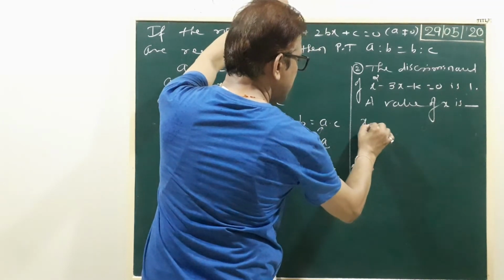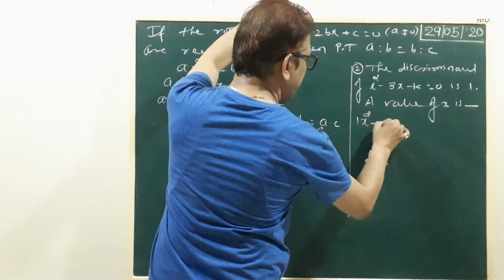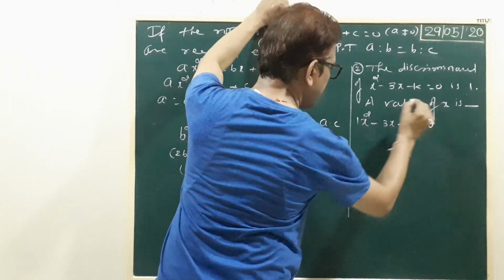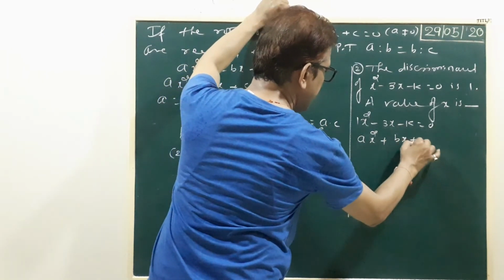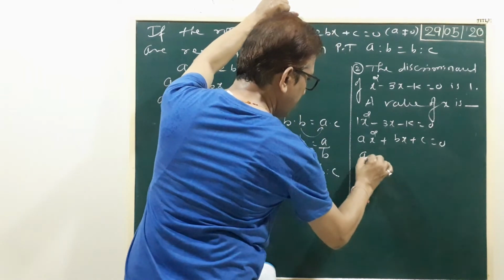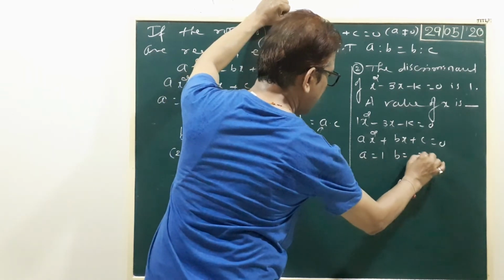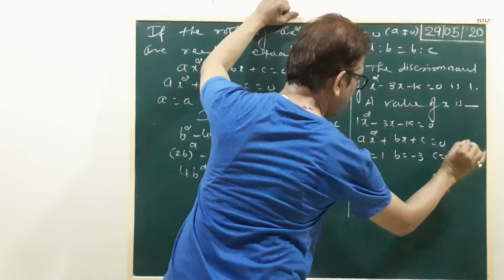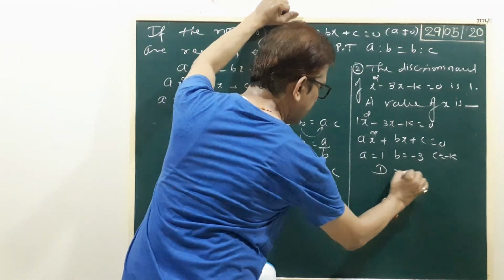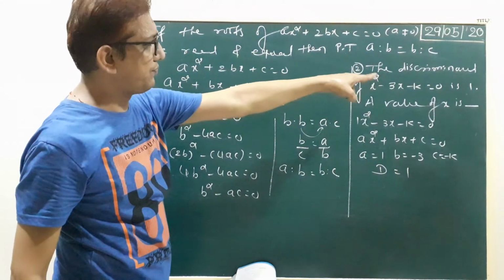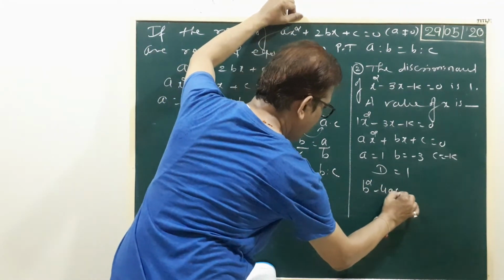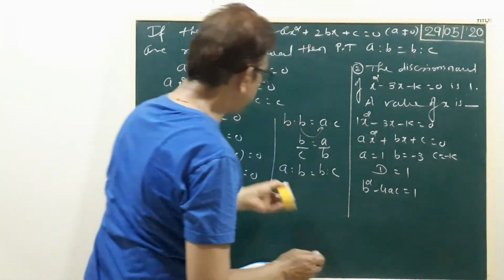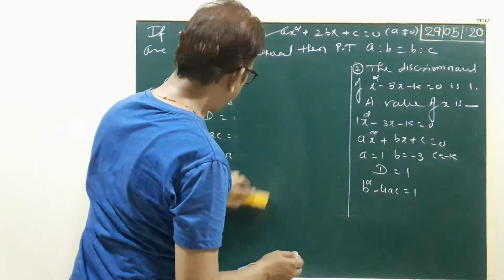Compare the standard equation x² − 3x − k = 0 with the standard form ax² + bx + c = 0: a = 1, b = −3, c = −k. Now our formula is b² − 4ac = 1. Is that clear? Okay.